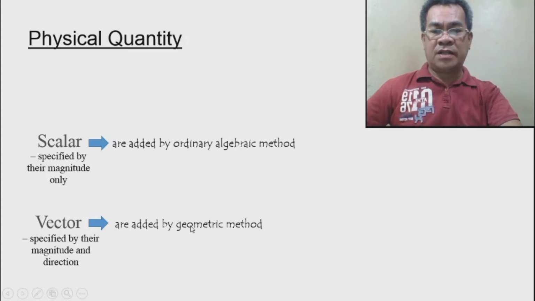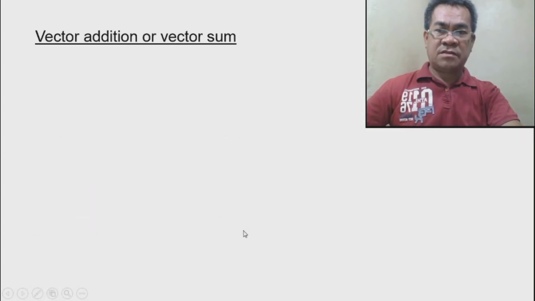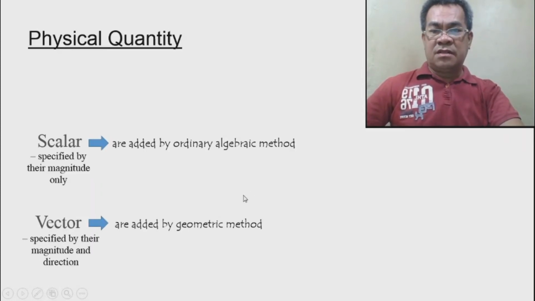But the geometric uses an angle. So you cannot equate the two. Summing up scalars and summing up vectors, or the vector sum, should be done by the geometric method. So you have to be careful. That's why you need to analyze first before going to solve.